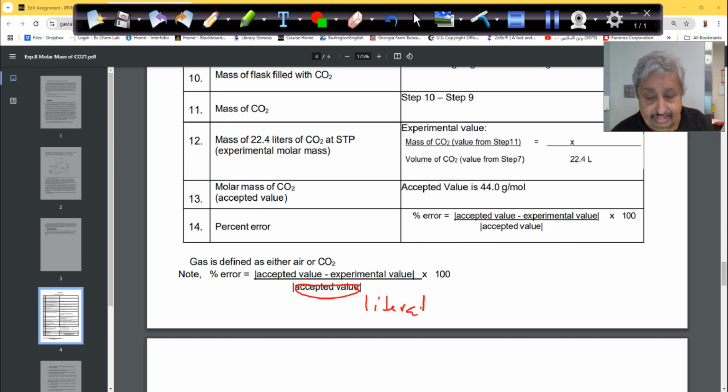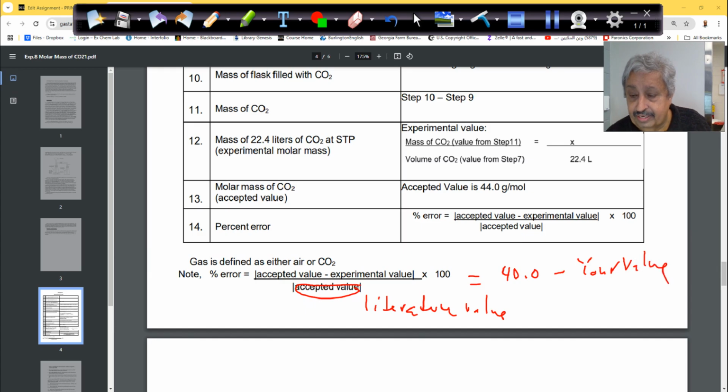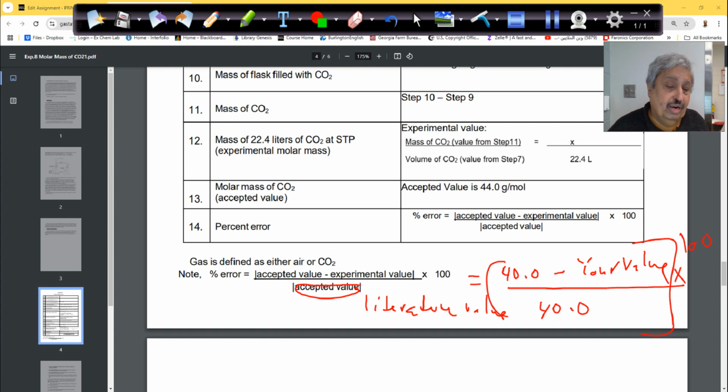So the experimental value, this is 44.0 minus your value, okay guys, divided by 44.0, multiplied by 100%. That will give an error. So after you finish, come and tell me what your error is.